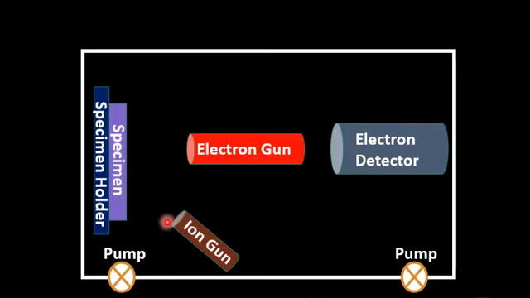So dear student, if I conclude the role of the ion gun, it uses a focused beam of ionized gas, usually argon, and that focused beam is used on the sample surface to clean off the specimen surface. Often contaminants are present on the sample surface, so the ion gun removes those contaminants from the sample surface.